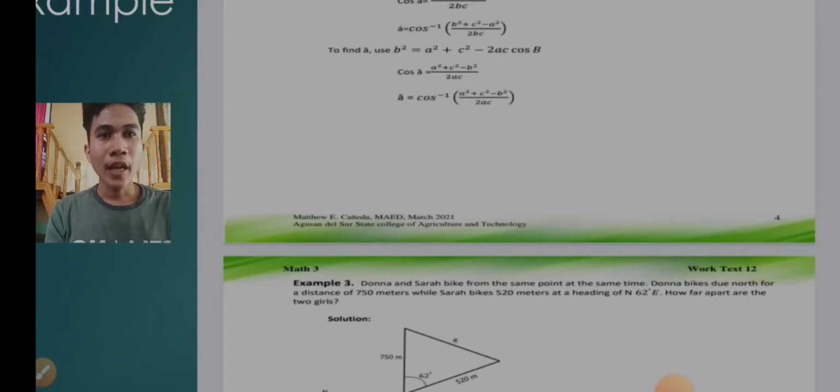So to find angle B, take the cosine inverse of the quantity a squared plus c squared minus b squared over 2ac.